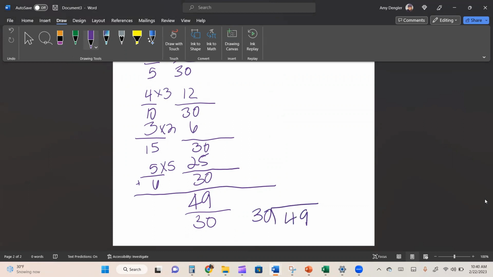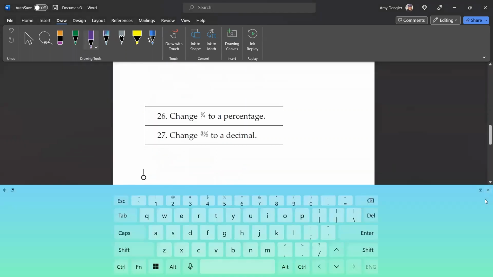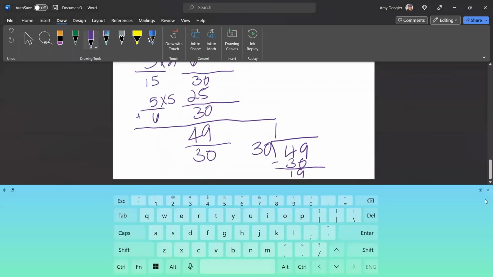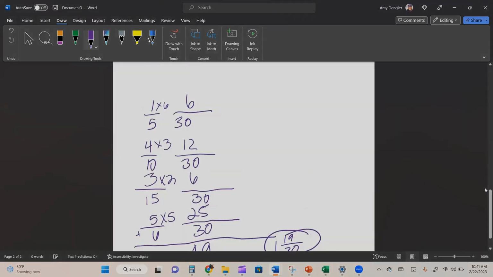So 30 times 2 is 60, so it has to be 1 that we would use here. 49 minus 30 is 19. And we keep 30 there. And that is to lowest terms.